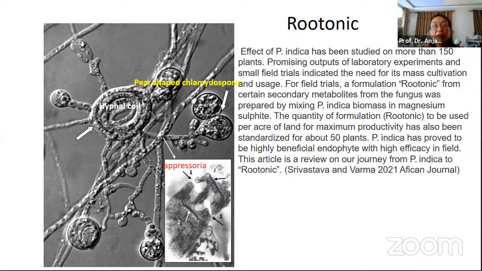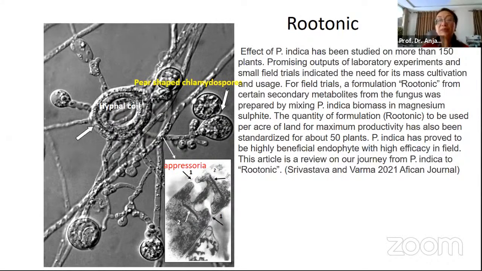So for field trials, a formulation Rootonic from certain secondary metabolites from the fungus was prepared, and it is mixed with Piriformospora indica biomass in magnesium sulfite. So they have given the name Rootonic, and this can be sprayed, or sometimes the seedlings can be dipped in this solution and then planted, as a biological hardening for the micropropagation of the plantlets.